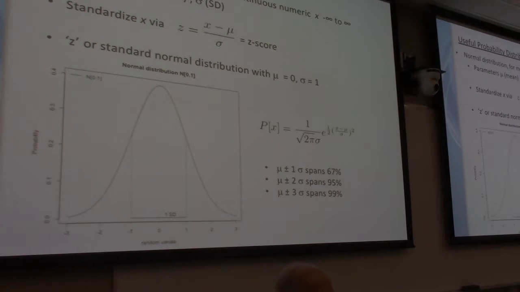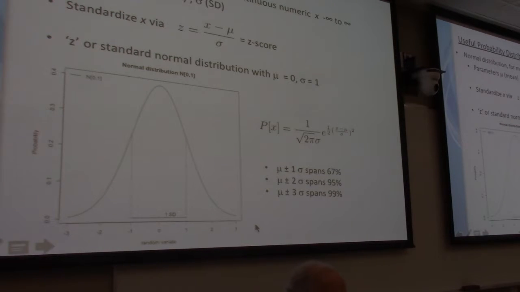So I remind you briefly that the normal distribution we use for modeling continuous numeric variables is completely defined by two parameters: its mean mu and its standard deviation sigma. If we standardize that to calculate a z-score, we now have a normally distributed variable with a mean of 0 and a standard deviation of 1. That's called the standard normal distribution.